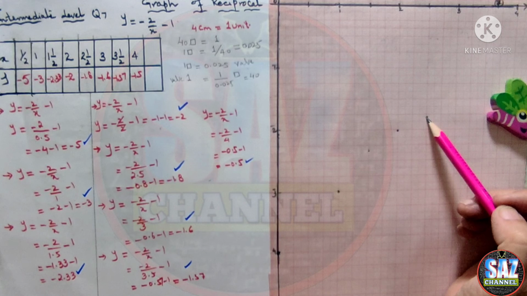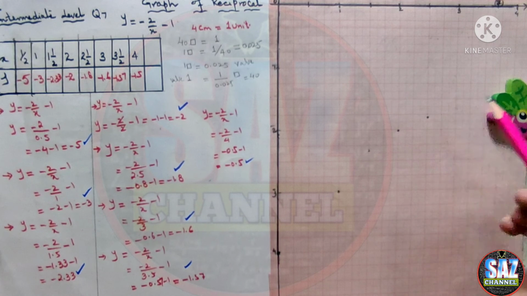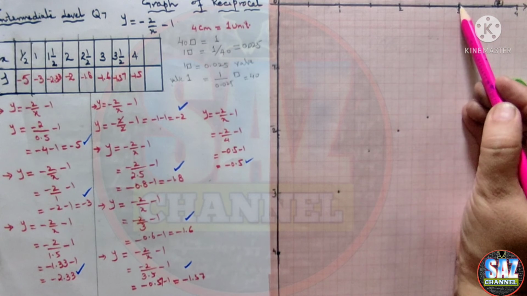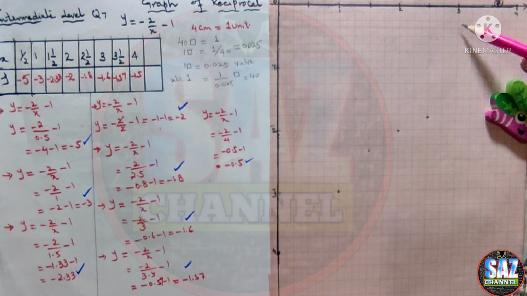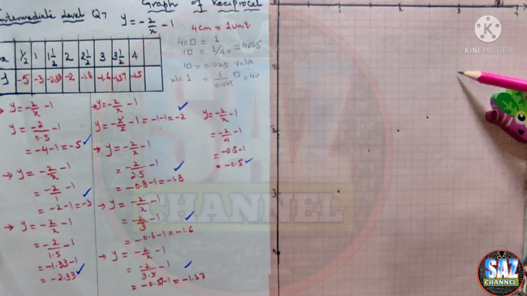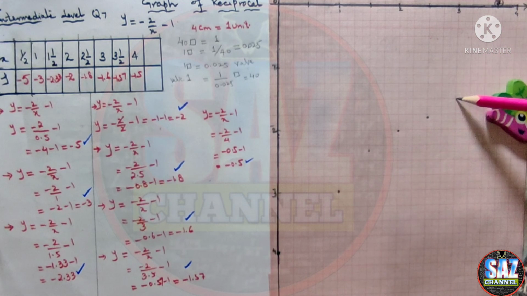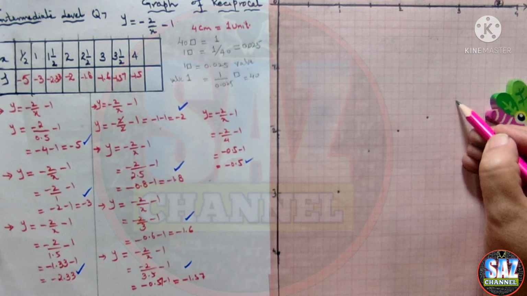With 3, it's minus 1.6. So 3 is at this place, and minus 1.6. For 1.6, how many blocks do we have to move? That is 64 blocks: 10, 20, 30, 40, 50, 60, and then 1, 2, 3, 4 blocks.